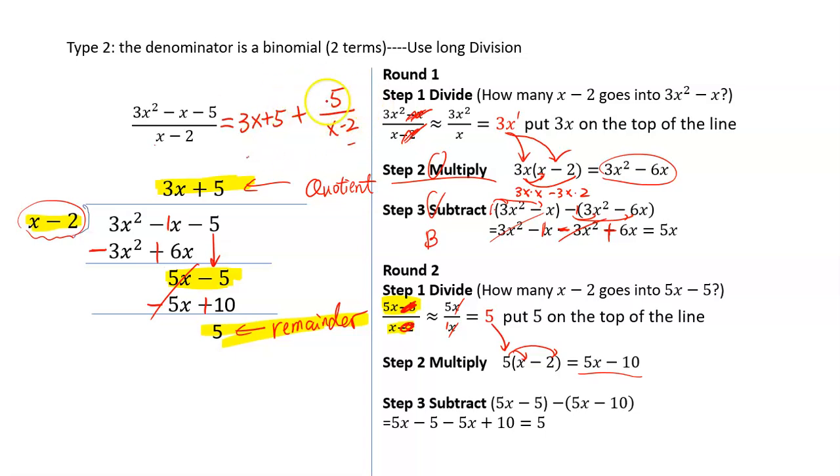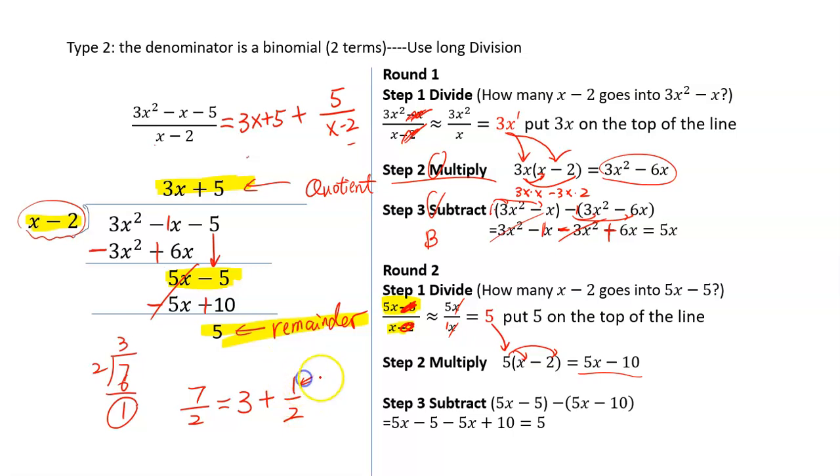Now, why is it like this? Let me give you a simple example, like 7 divided by 2. When you divide 7 by 2, you get 3 times and the remainder 1, and that 1 doesn't go into 2, but you can still keep it as 1/2, because 7/2 equals 3 plus 1/2.